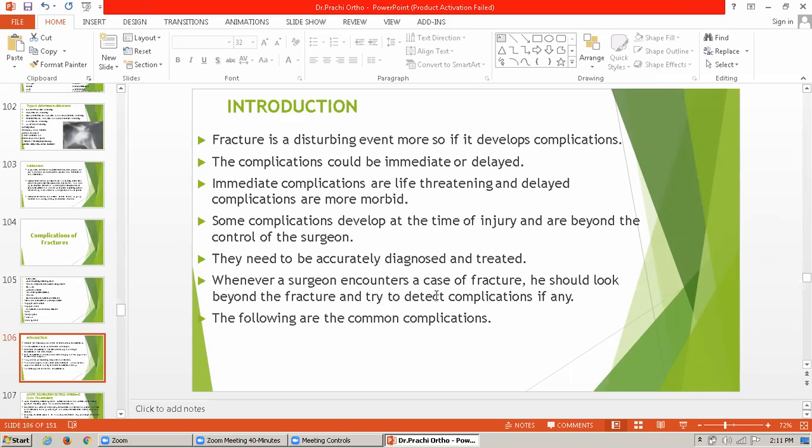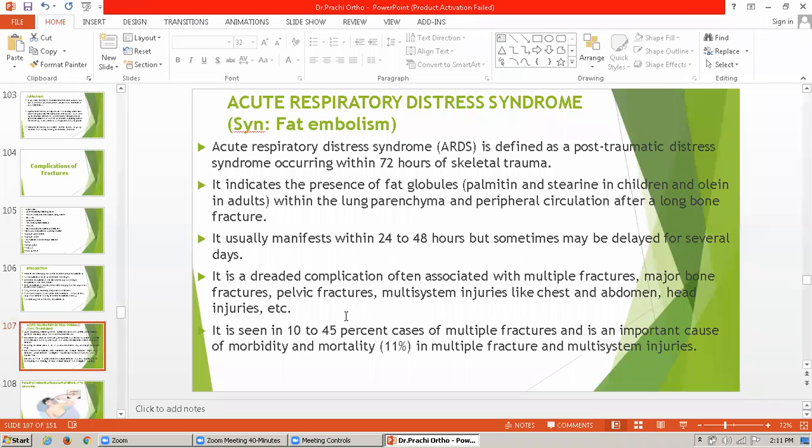Whenever a surgeon encounters a case of fracture, he should look beyond the fracture and try to detect the complication, if any.